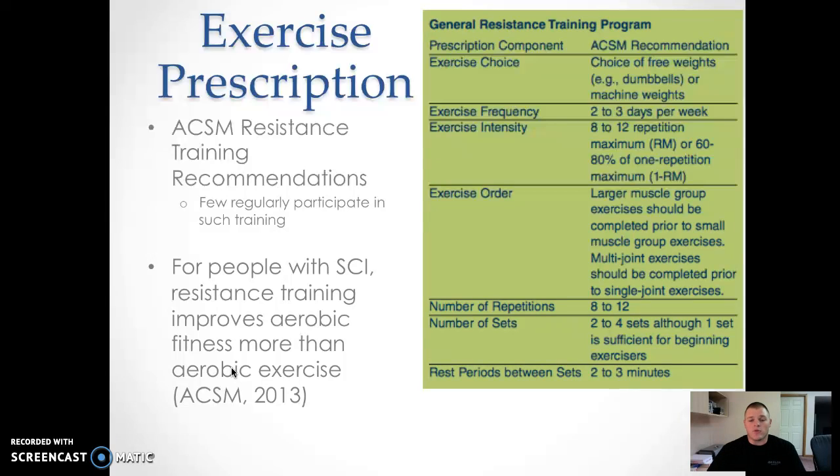But free weights, body weight stuff is what the ACSM recommends. At least 2 times a week, doing 8 to 12 reps with larger muscle groups, making sure you switch back and forth each session, with 2 to 4 sets for each exercise for beginners, and adequate rest.